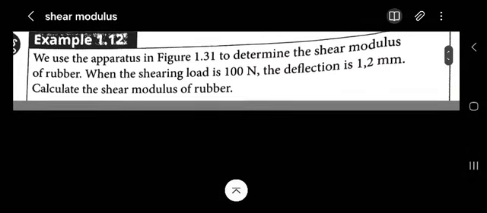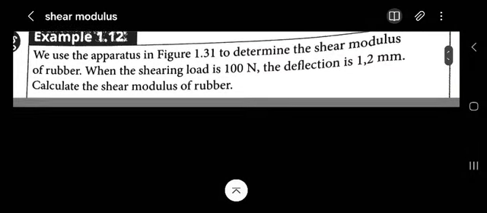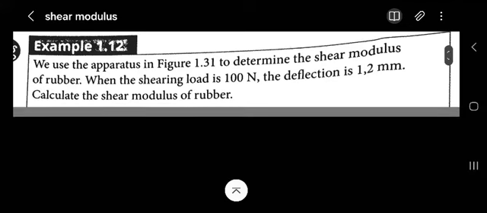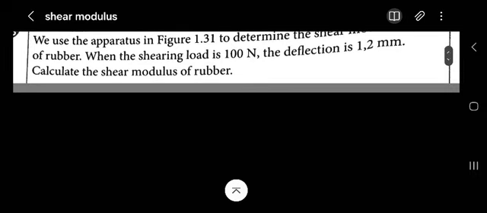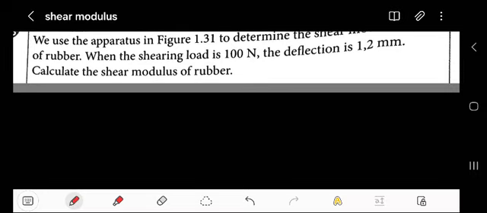We use the apparatus in the figure. Where is the figure? Okay, it's fine. I forgot to put the figure here, but the figure is something like this.